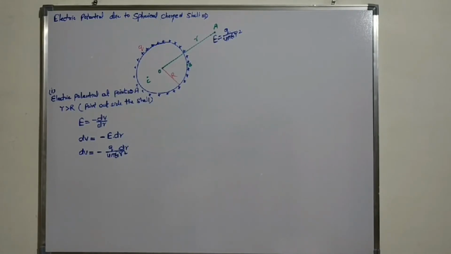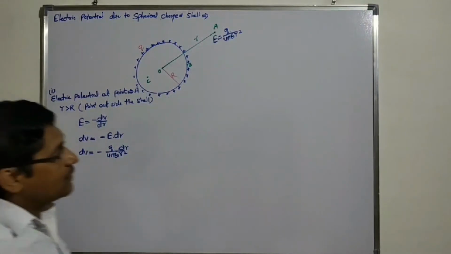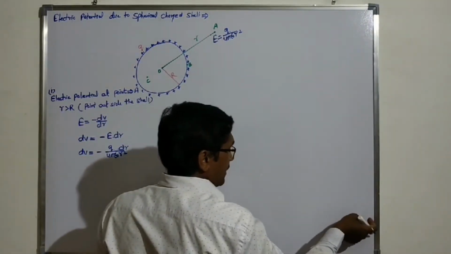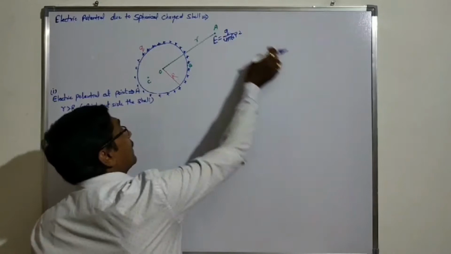And we find the electric potential. The definition of electric potential is the work done when we bring the test charge from infinity to a particular point.